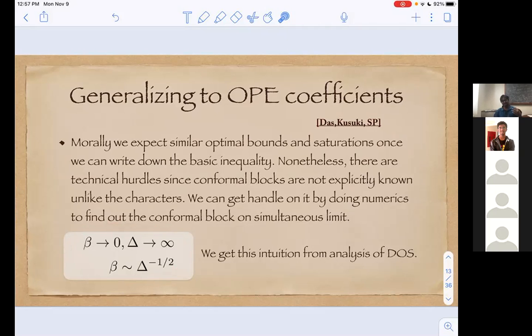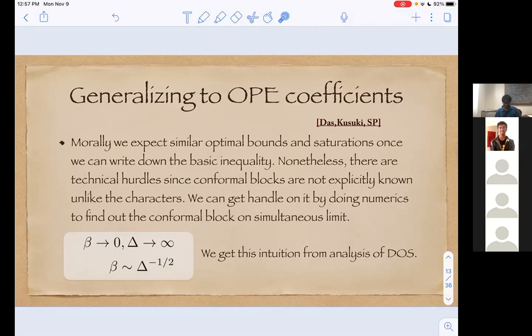So we only need to know these conformal blocks or characters only in this simultaneous limit. Once, either numerically or by some other means, we have some handle on these conformal blocks in this particular limit, we can play the same game, borrow the Beurling-Selberg extremization problem, and write down the same kind of inequalities.